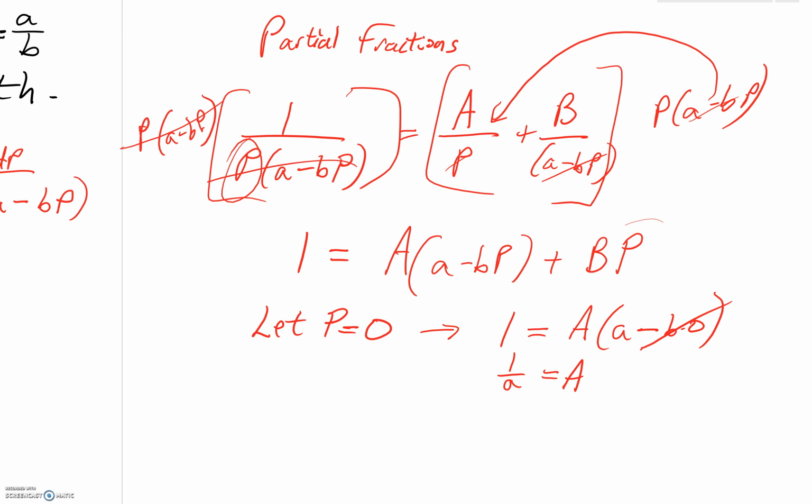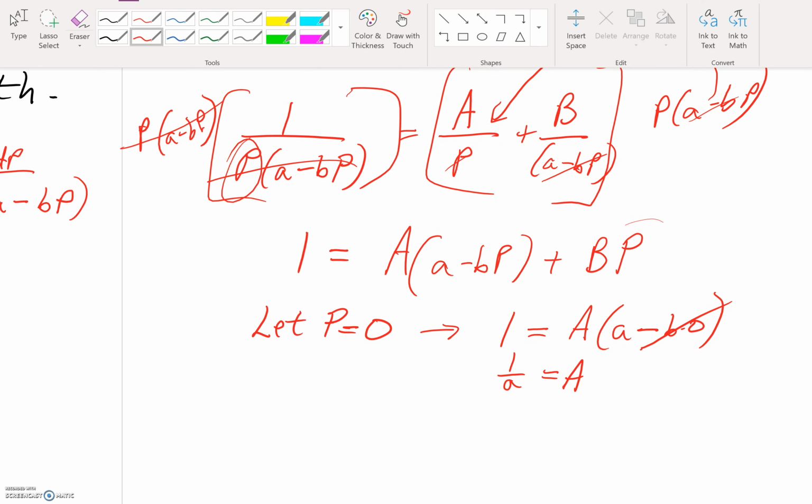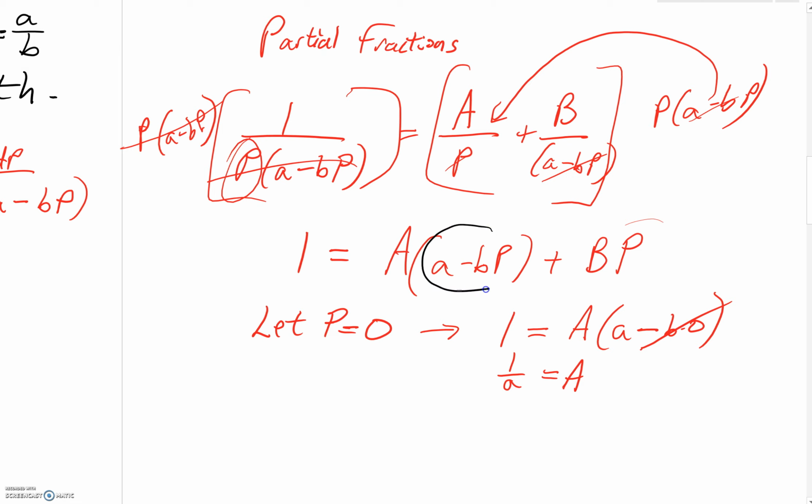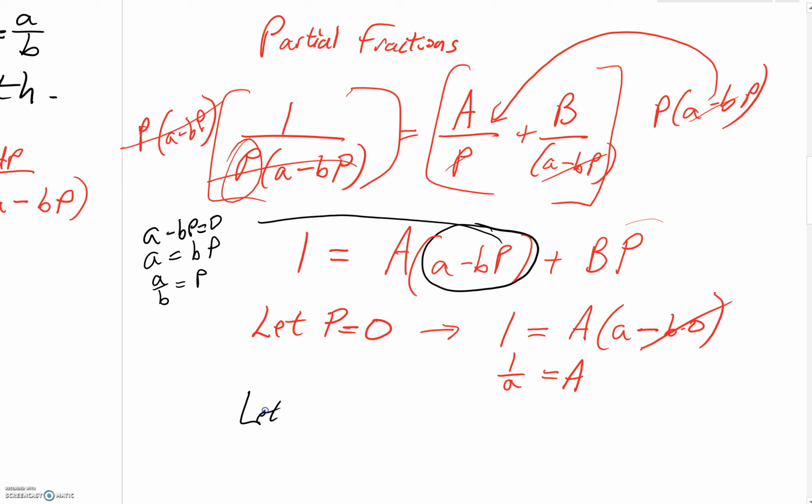We could also go ahead and make another selection for what P could equal. Look, if we're wondering what P value would get us to equal 0, it would be a over b, wouldn't it? So we're going to let P equal a over b. And then what?